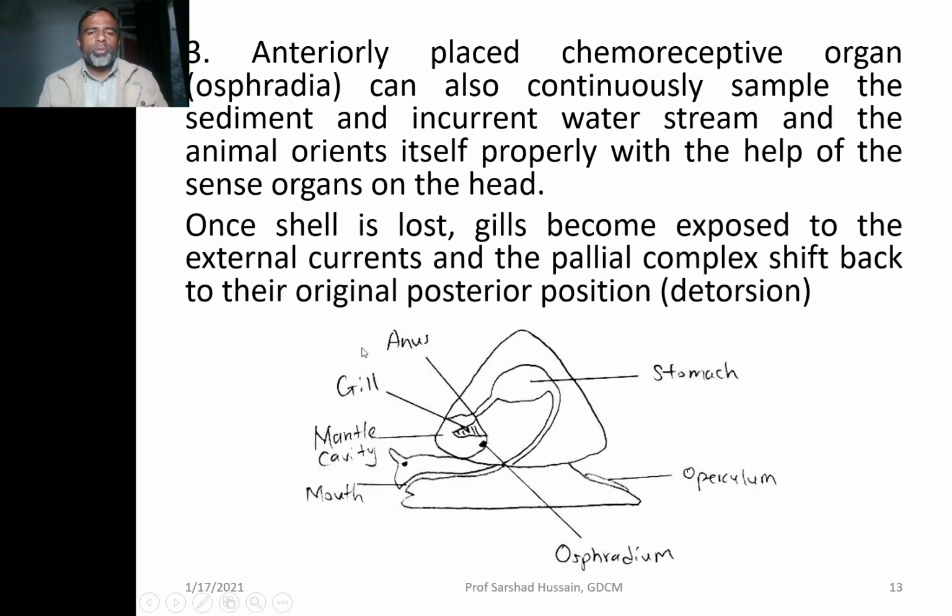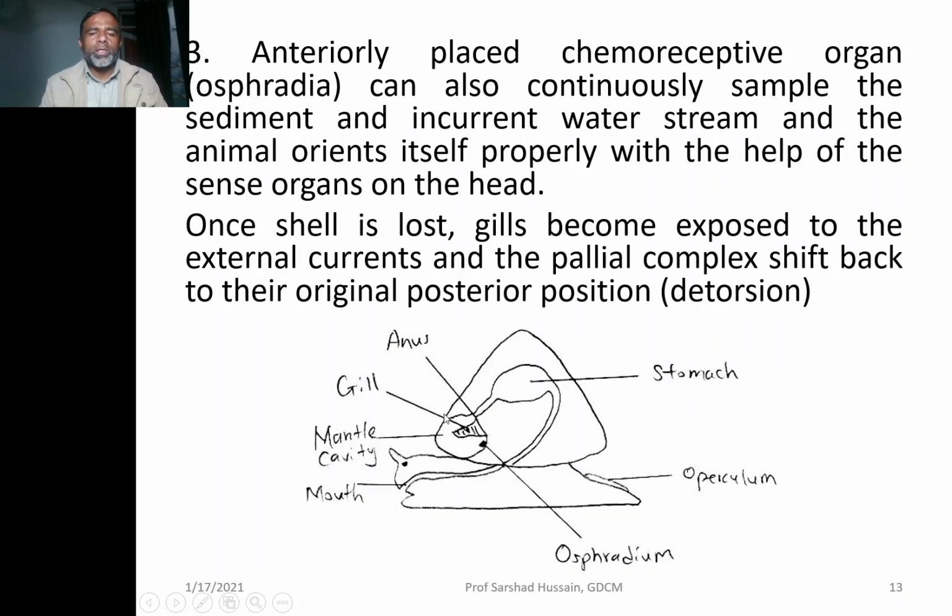Then, in the gastropods, sometimes the shell is lost. Once the shell is lost, the gills become exposed, because this cavity was there because of the shell. In that case, these gastropods reorient to the prior position, that is, they undergo detorsion.